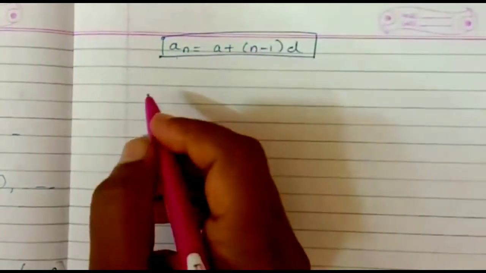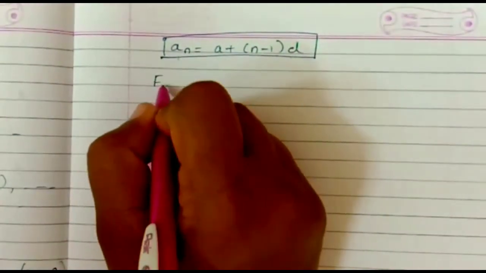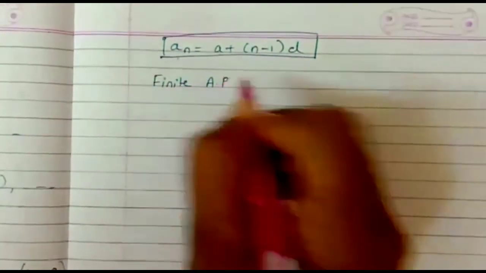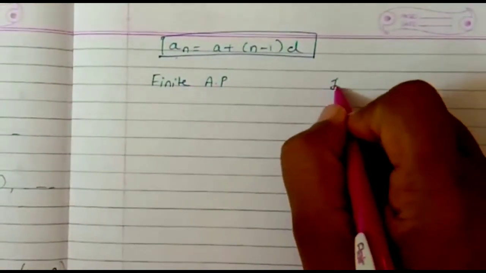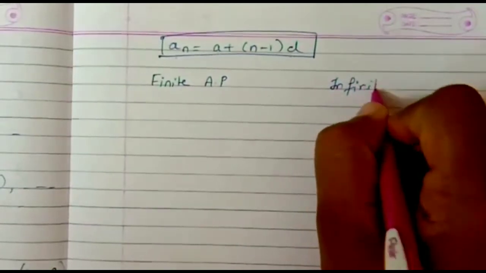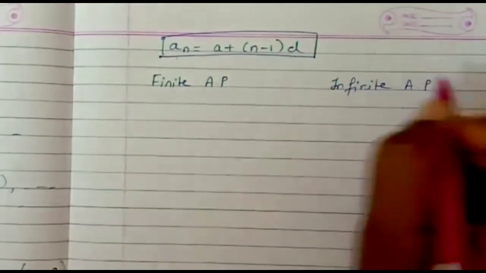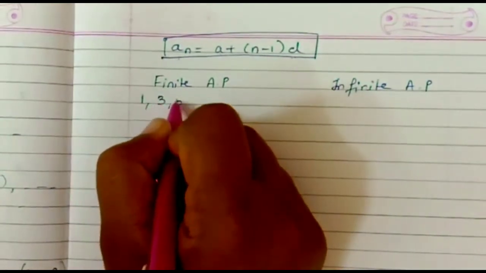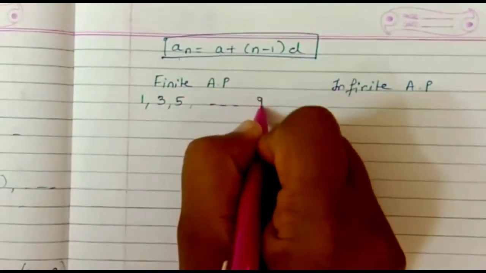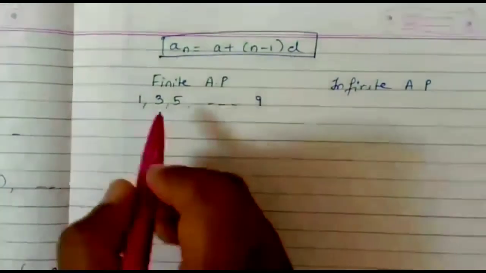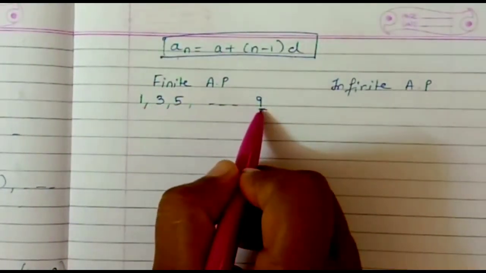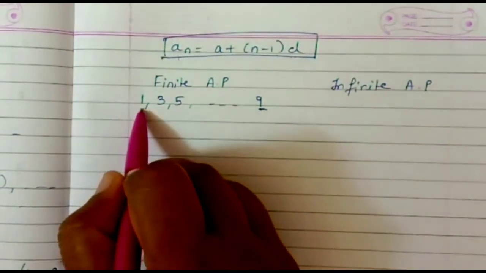Now there are two kinds of progression. One is finite AP, that means finite arithmetic progression, and the second one is infinite arithmetic progression. If you are given the numbers 1, 3, 5 up to the last number, suppose 9, they have given you the last term. This sequence is ending at 9 and starting from 1.